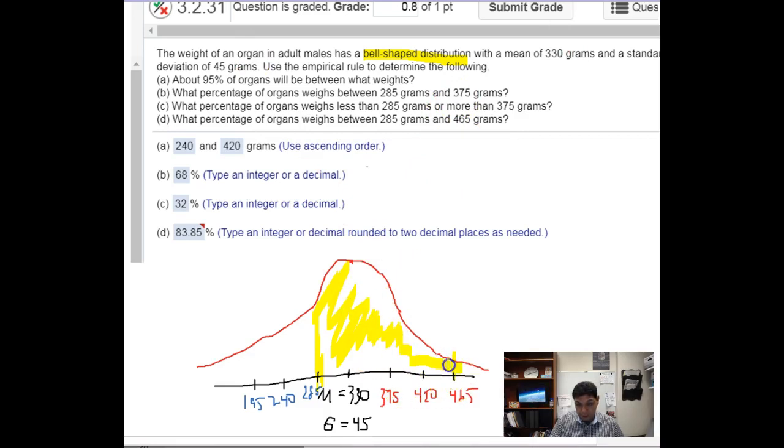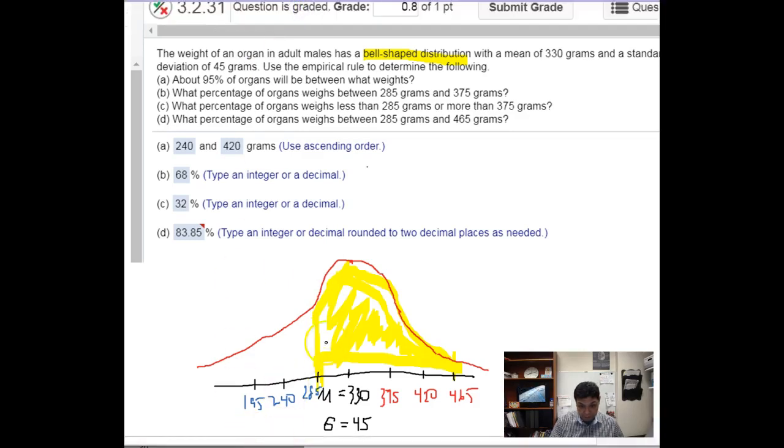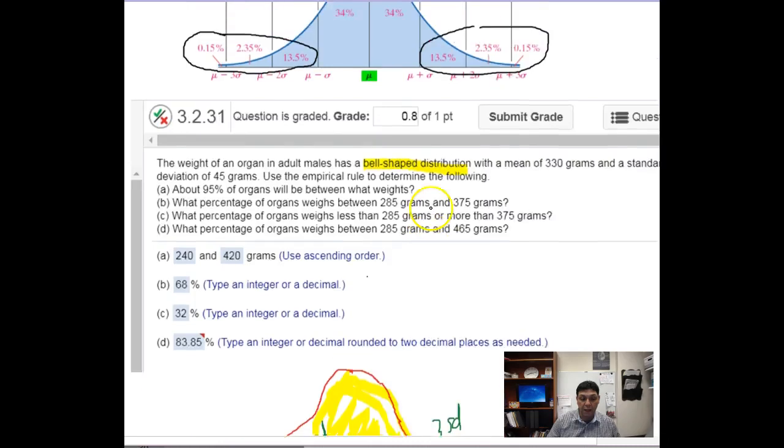These are the organs I'm interested in. What I have to think about is that here is 1 standard deviation, and here's 1, 2, 3. So that's 3 standard deviations.